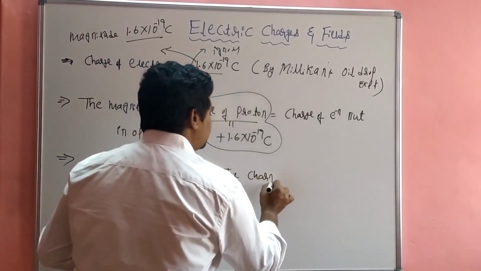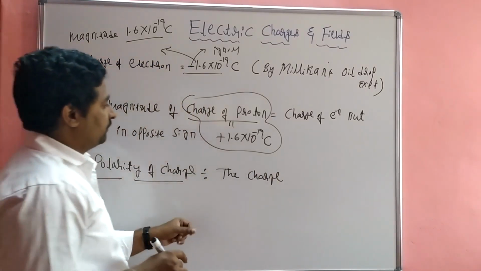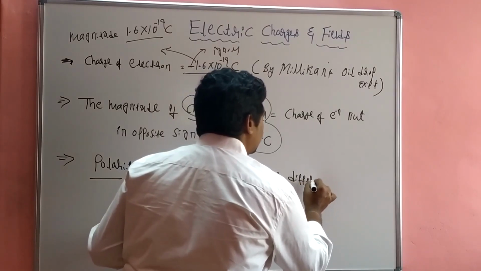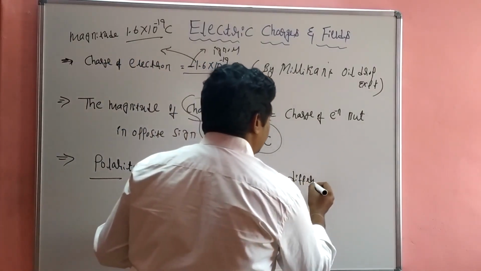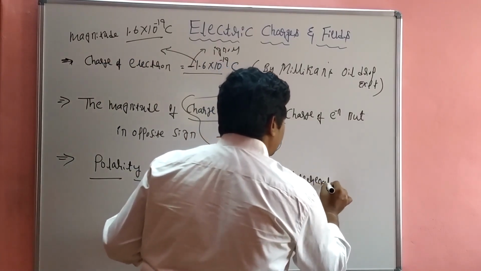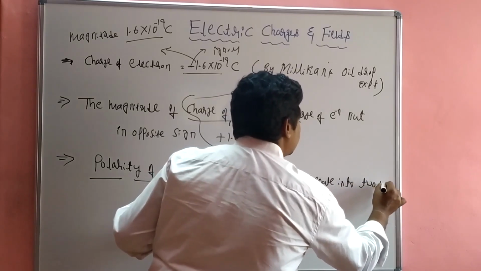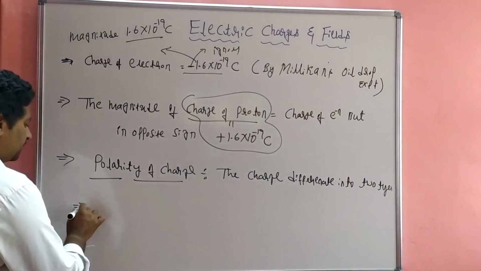So how is the charge differentiated? Positive charge, negative charge. The charge is differentiated into two types.